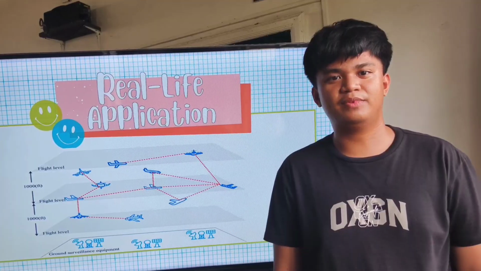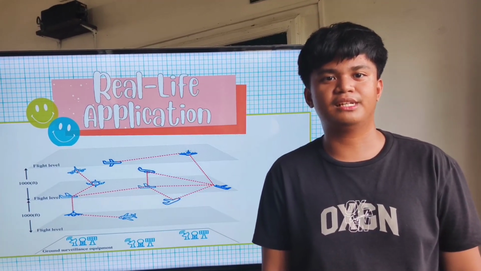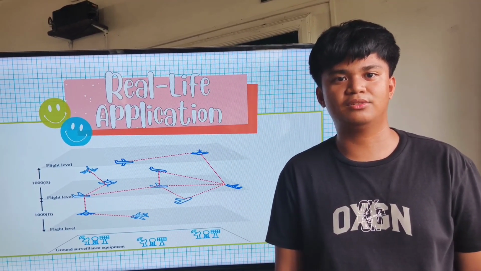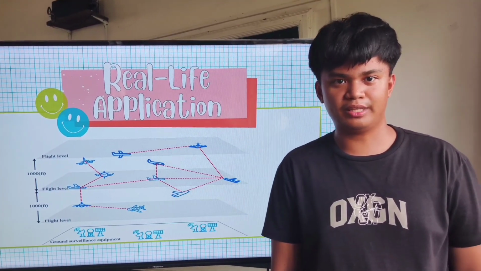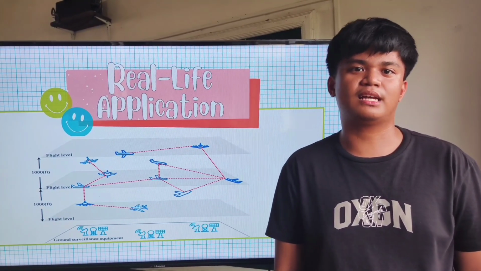This allows them to take proactive measures, like adjusting flight paths, to prevent mid-air collisions. It's a critical application that keeps our skies safe.